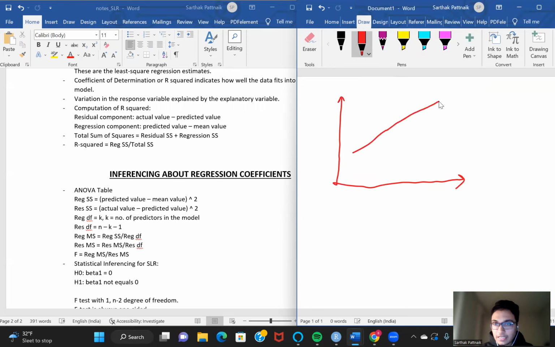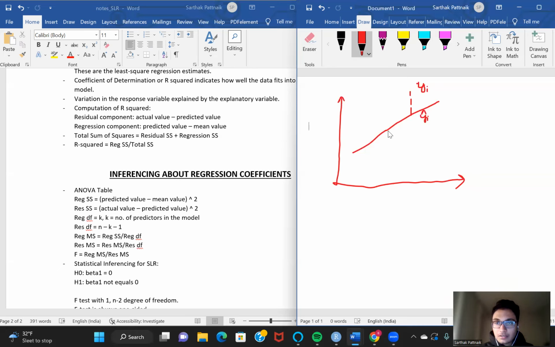Suppose this is my regression line, okay? There is a point here called yi. The predicted value of yi falls somewhere here. This is the predicted value of yi or yi cap. All right.